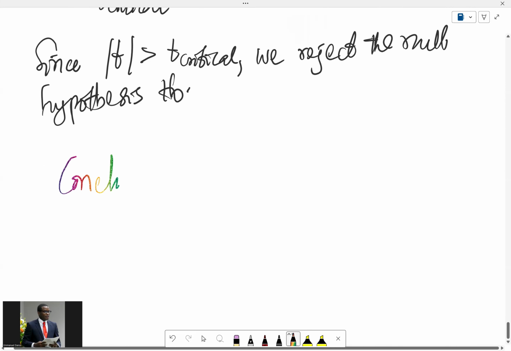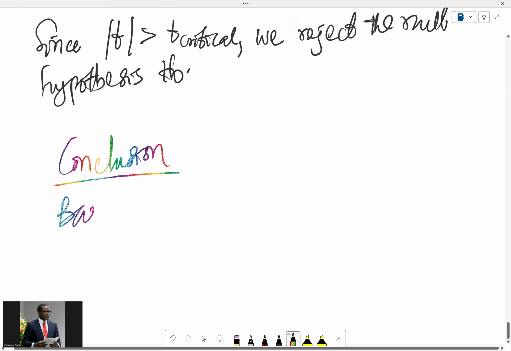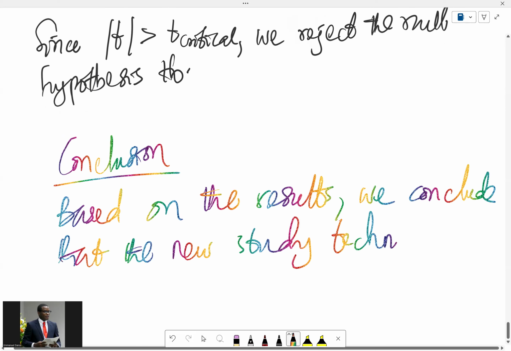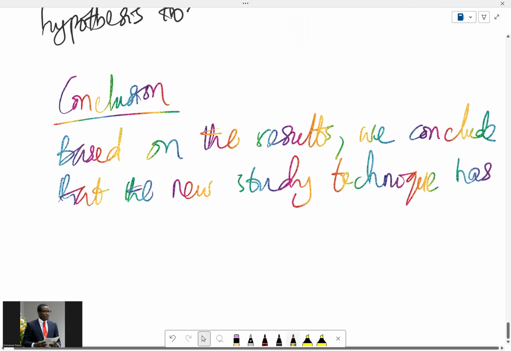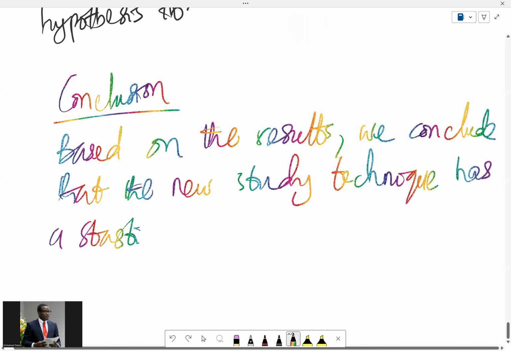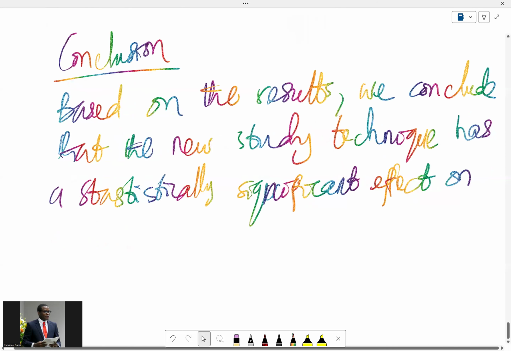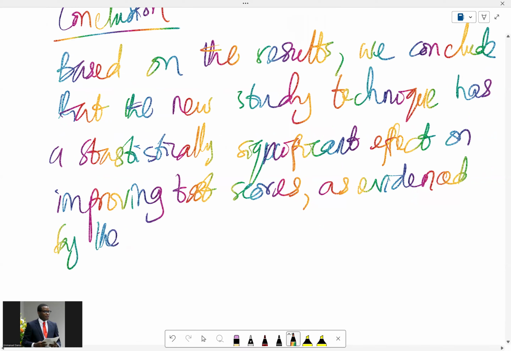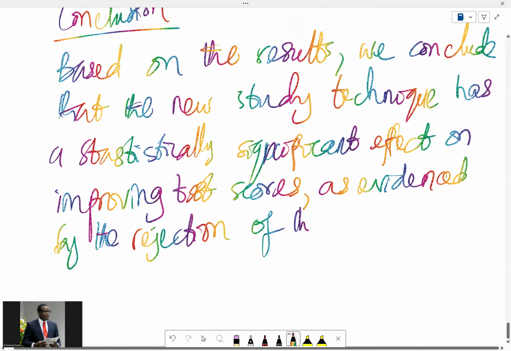Yeah. So, based on the results, we conclude that the new study technique has a statistically significant effect on improving test scores, as evidenced by the rejection of the null hypothesis.